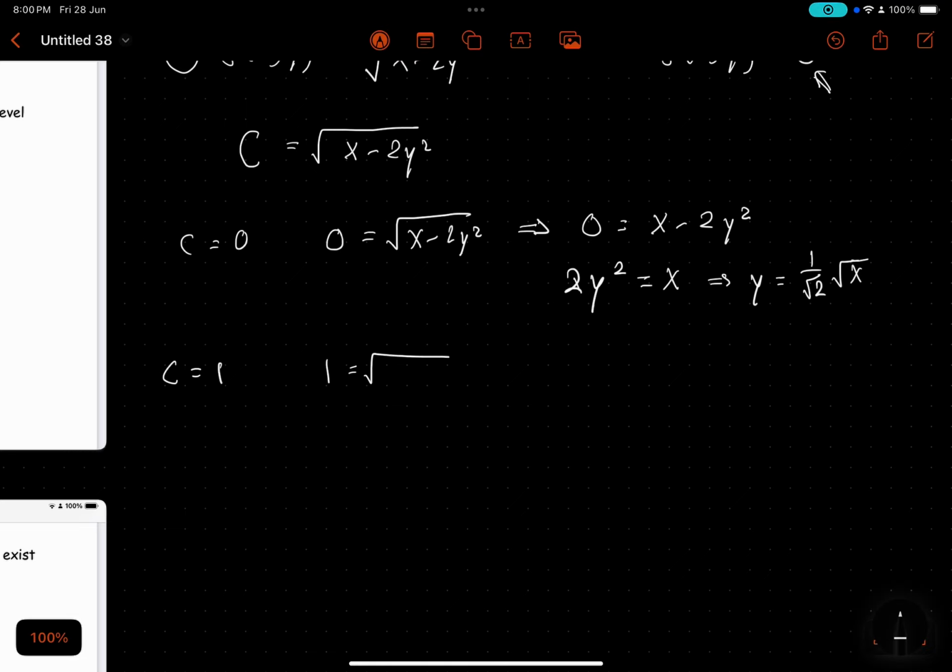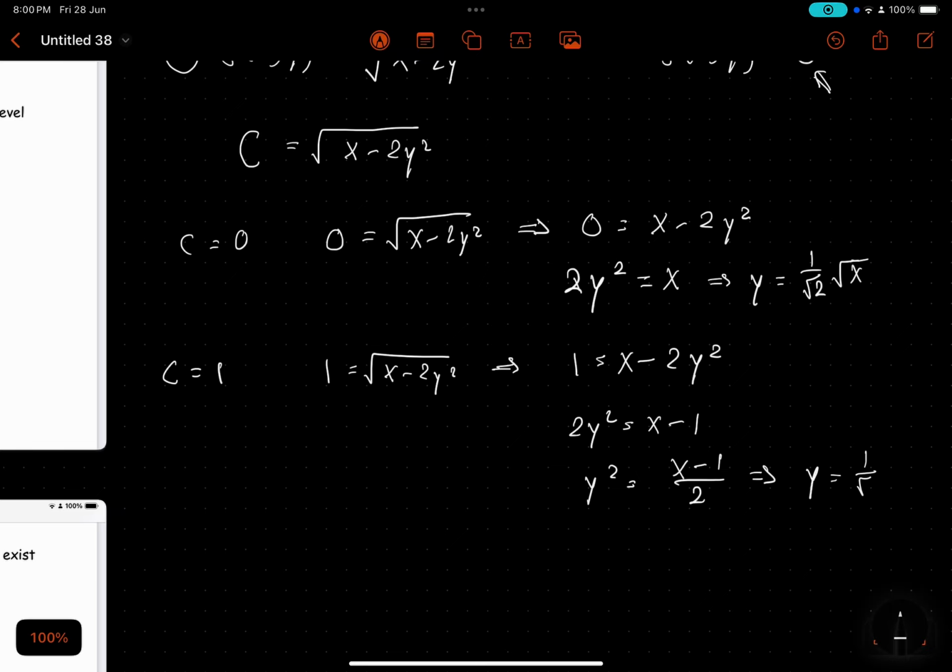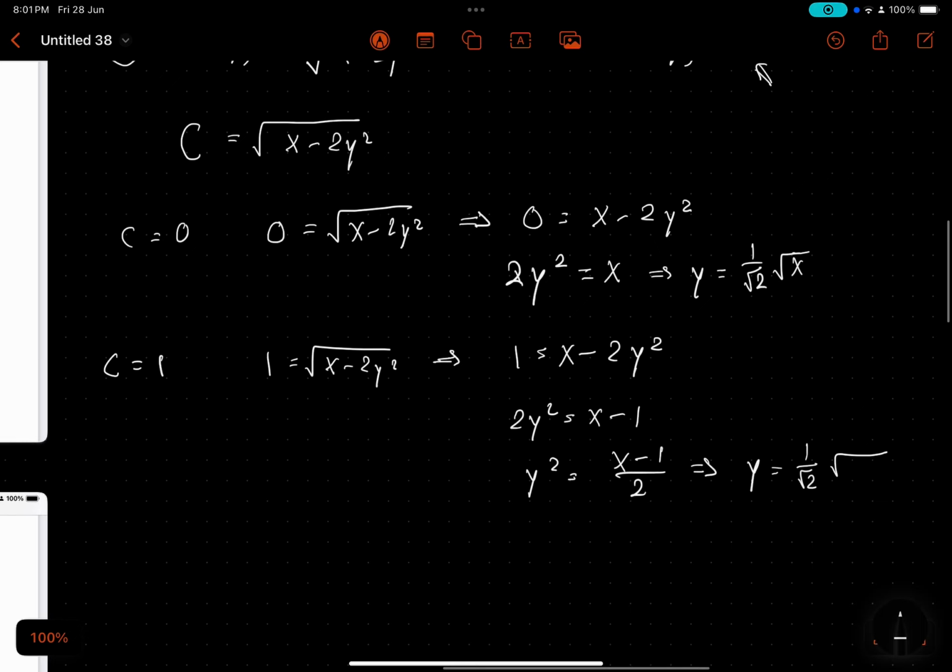If we have c equals 1, we can say 1 equals the square root of x minus 2y squared, which gives us 1 equals x minus 2y squared, which then gives us 2y squared equals x minus 1, y squared equals x minus 1 over 2, and then y equals 1 over root 2 times the square root of x minus 1.